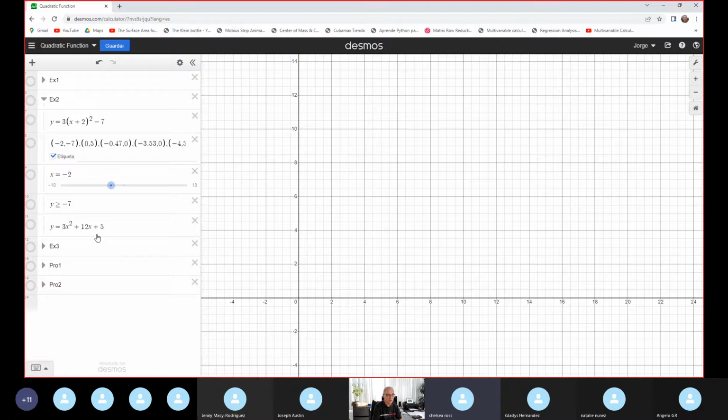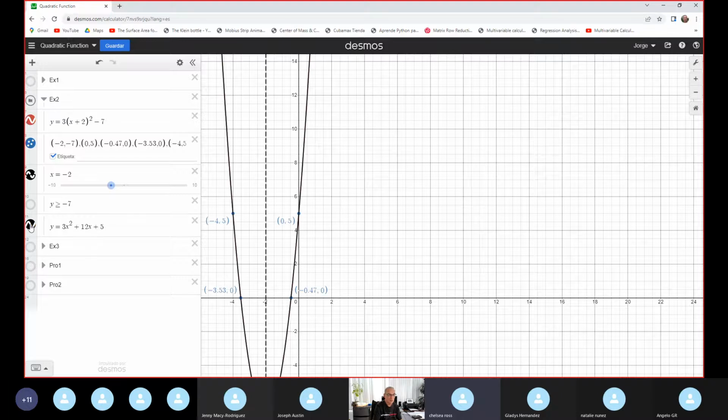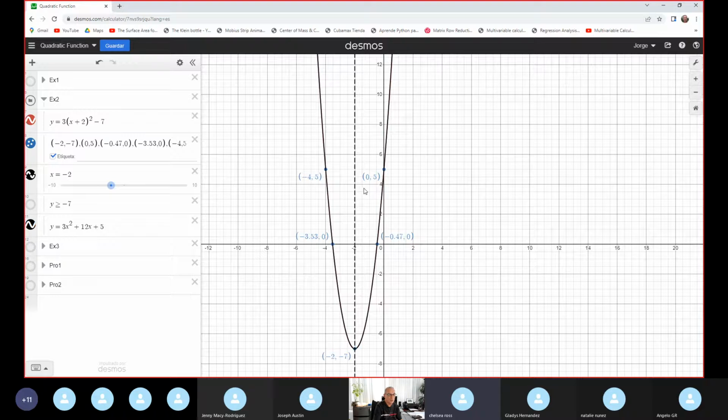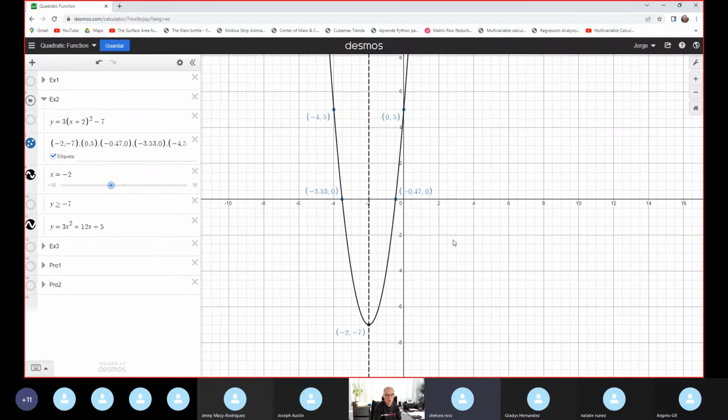I don't remember. The original function given is 3x squared plus 12x plus 5, no? Yeah. Okay, this is my parabola. Look at that. Now in the whiteboard we get the vertex, look at that, (-2, -7).